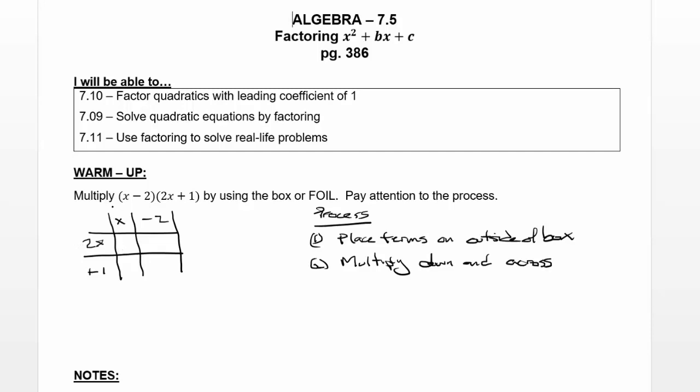I multiply this 2x with this 1x. 2 times 1x is 2x. X times x is x squared. 2x times minus 2 is minus 4x. 1 times x is positive 1x. And 1 times minus 2 is minus 2.